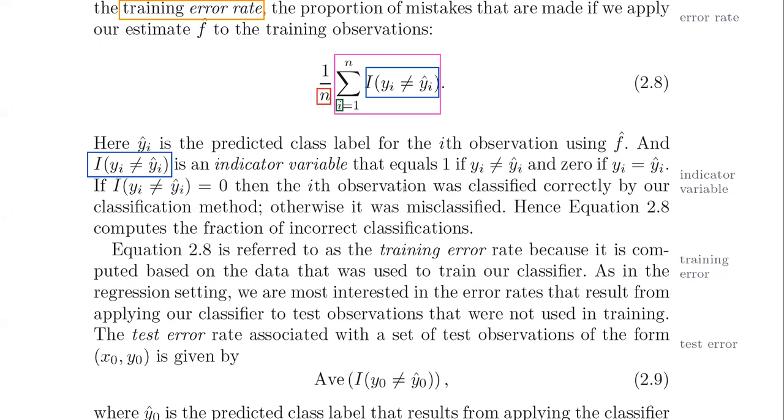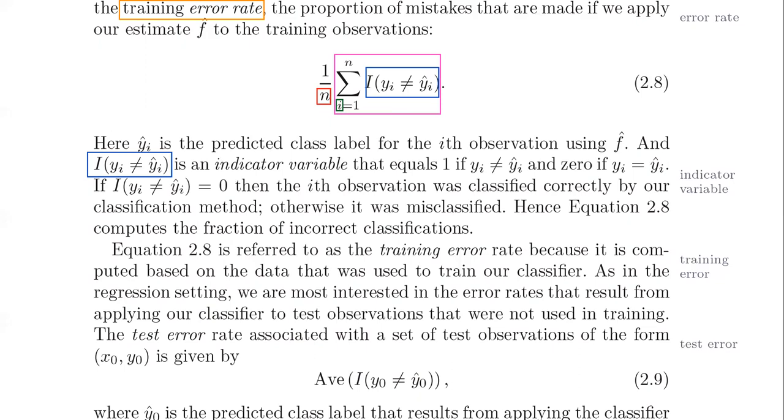So if it's 0, the ith observation was classified correctly by our classification method, by our model. Otherwise, it was misclassified. You either got it right or you got it wrong. Hence, equation 2.8 computes the fraction of incorrect classifications. Equation 2.8 is referred to as the training error rate because it is computed based on the data that was used to train our classifier.